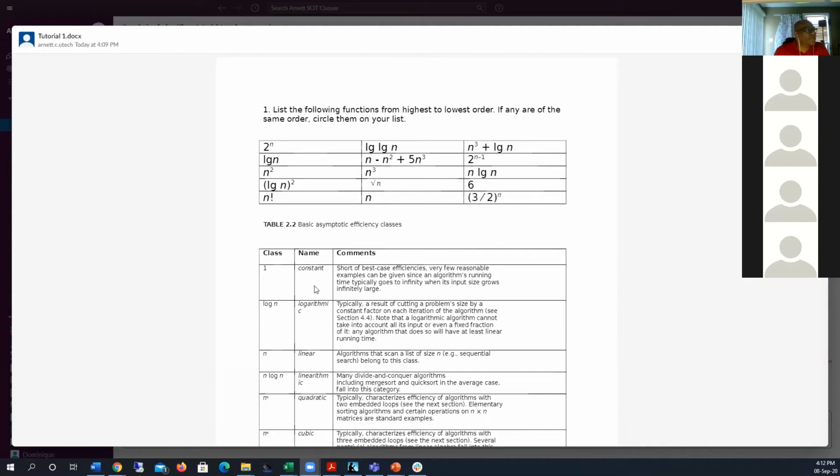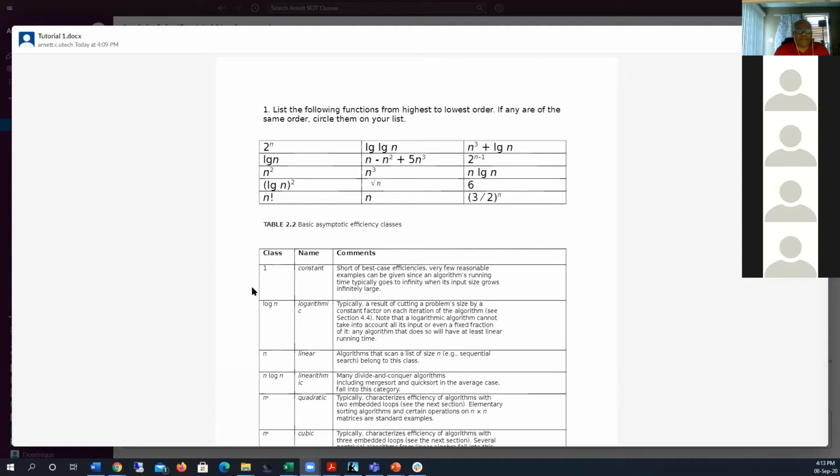Here we have a set of classes of algorithms, and they range from a constant, 1. So 1 is a constant, 2, 3, 4, 5, any number that you can just count. A reasonable number would be a constant, right?